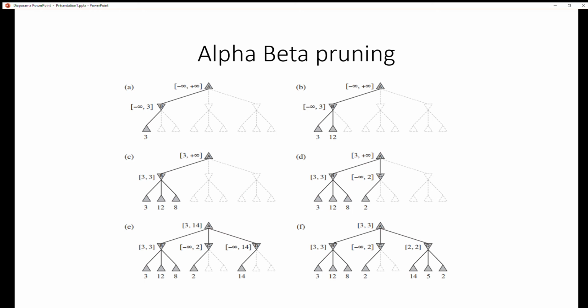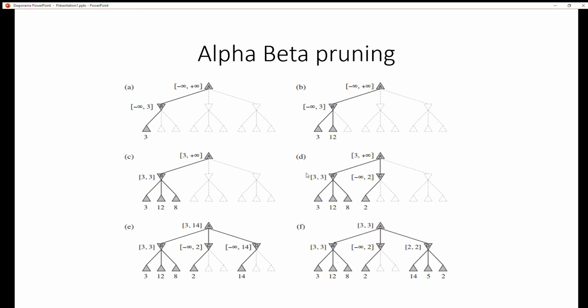To improve the algorithm, we will see alpha-beta pruning. It's based on the same algorithm, but the goal is to cut some branches of the tree to be faster and do less calculation.